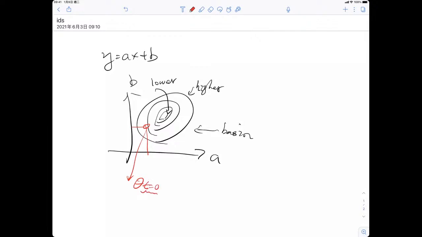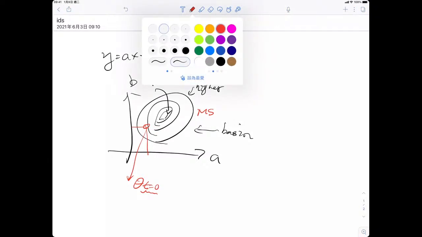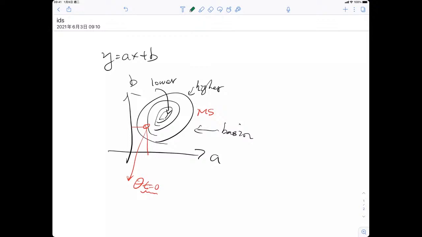So we simply randomly select an A and B and see how it performs, based on the MSE value. By partial differentiation, it tells us the direction of A and B. If you do partial differentiation, it knows A should go this way and B should go this way, so that we can have a lower MSE value.